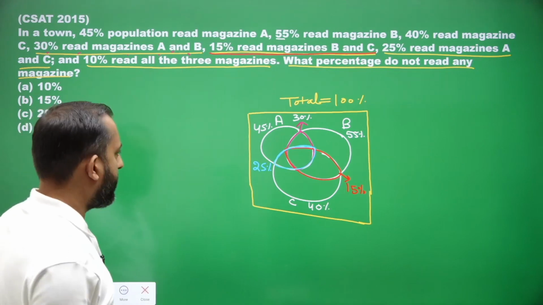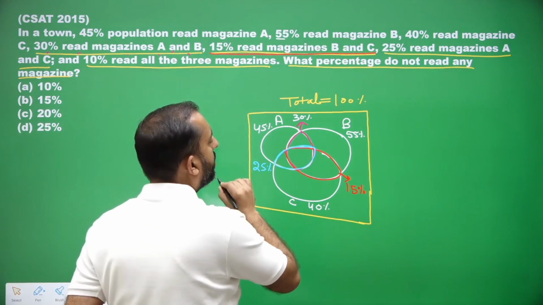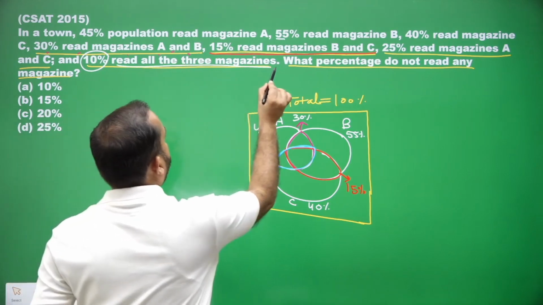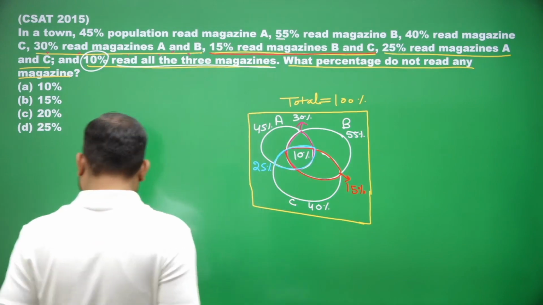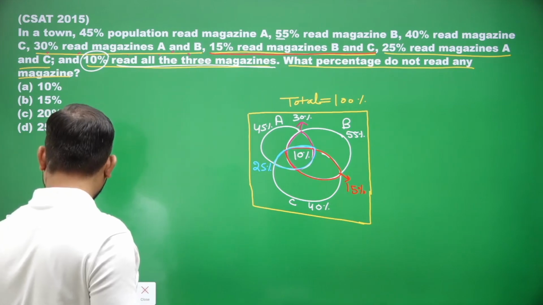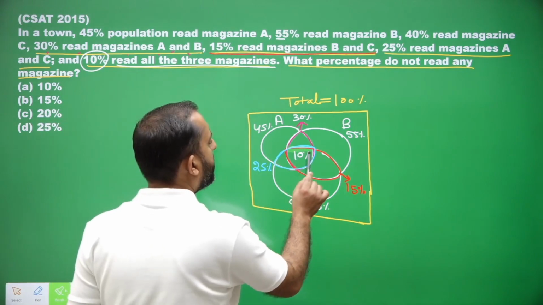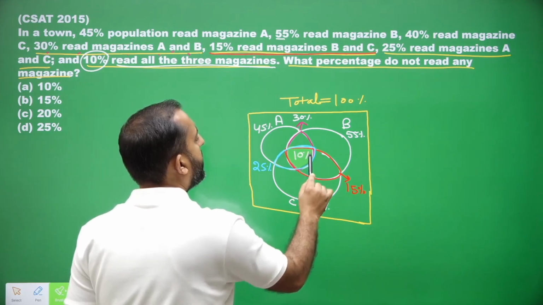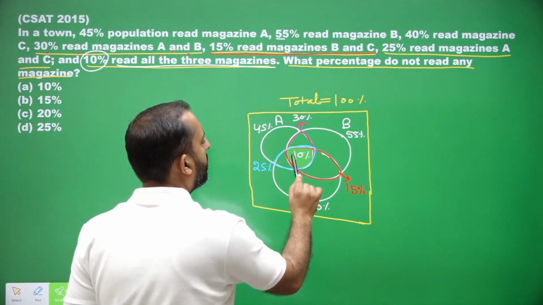Now try to understand the value of this complete intersection. Apart from this, 10% read all the 3 magazines. So this region, 10%, falls under the circle of A as well as B as well as C. This central region belongs to all 3.